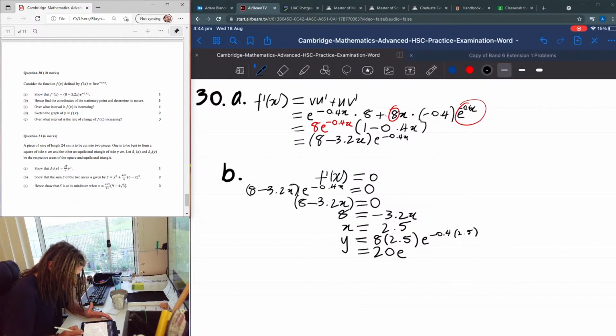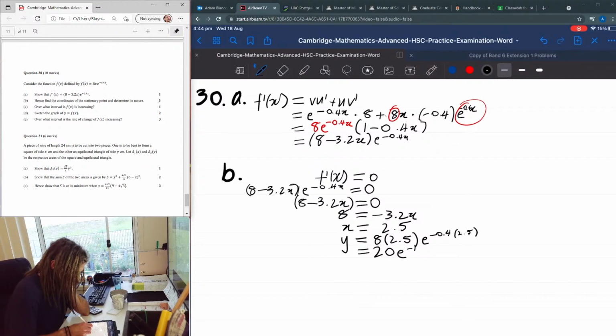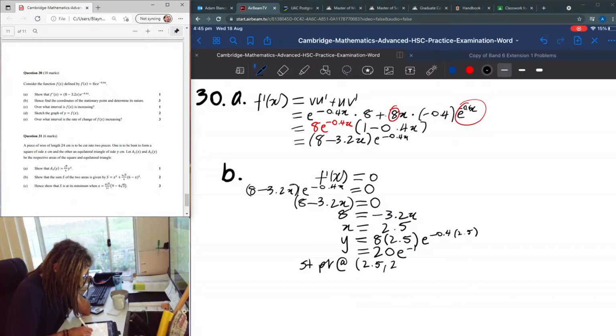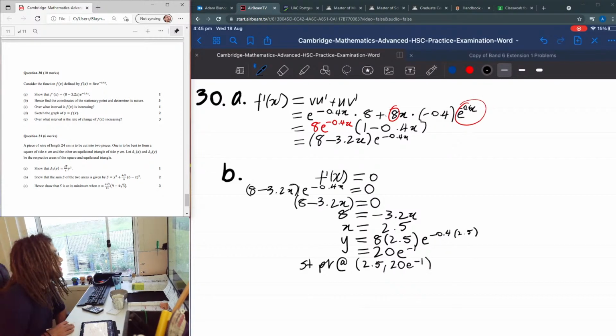E to the 2.5 times 0.4, that's the same as 5 times 0.2, which is 1. That's 1, e to the minus 1. So the stationary point is at 2.5, 20 e to the minus 1. I left it exact. You could type that into the calculator if you wanted, but who cares? Okay, that's my stationary point.